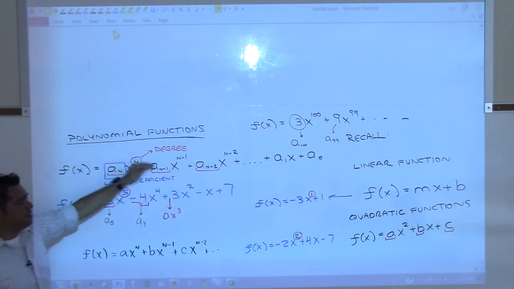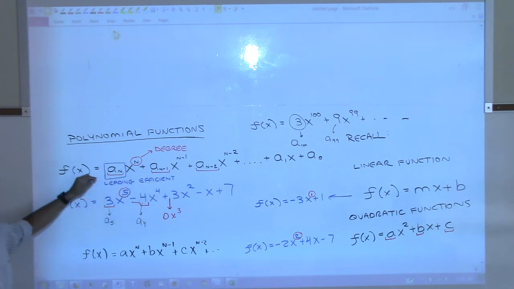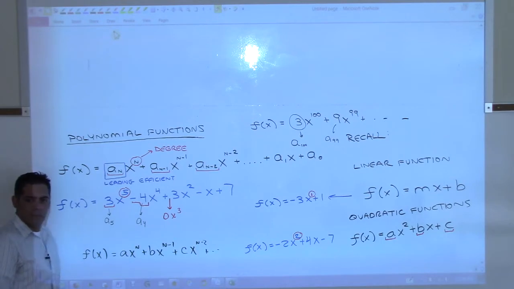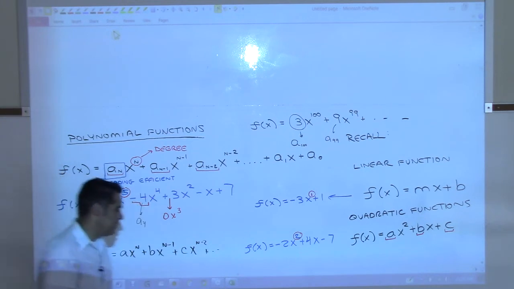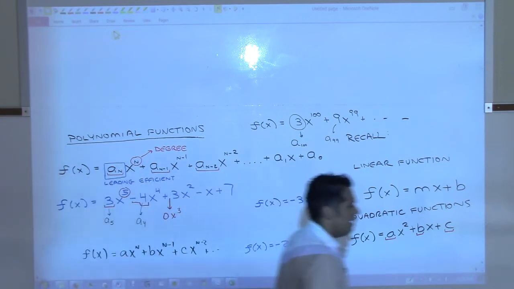Yeah, it's decreasing. Of 3x to the power 5 minus 4x to the power 4. But can it be the other way around, like 3x to the power 5 minus 4x to the power, let's say, 2? 2 without a 4 in here? Uh-huh. Yeah. Okay, so we call that a polynomial function. Oh yeah, absolutely.